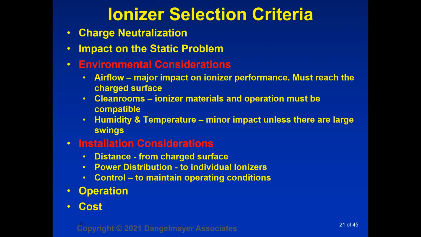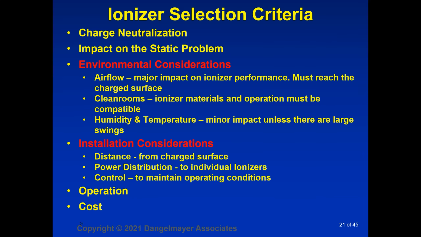Power distribution. You have to be concerned about how you bring power to the individual ionizers. There are ionization systems that will distribute power using high voltage cabling. There are ionization systems that use low voltage cabling. There may be reliability issues that you need to be concerned about there.